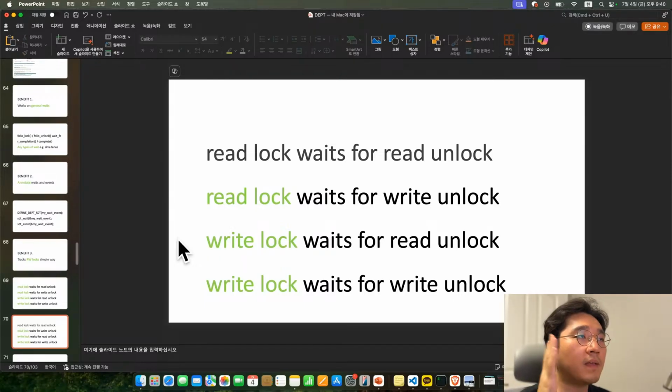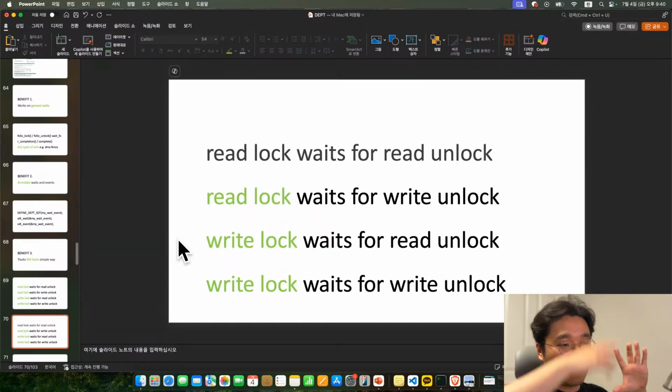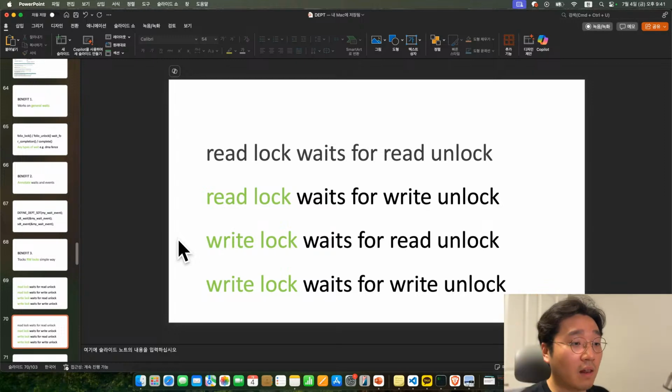But if there is a writer in the context holding the lock, they need to wait. So if some context is locking for read, and other contexts only want to read the critical section, they can read it. This is the great advantage of the RW lock.